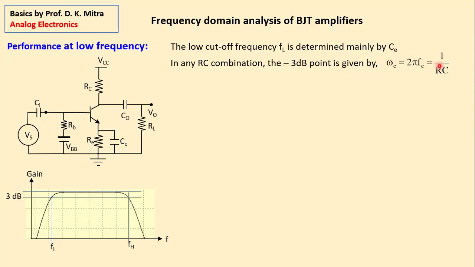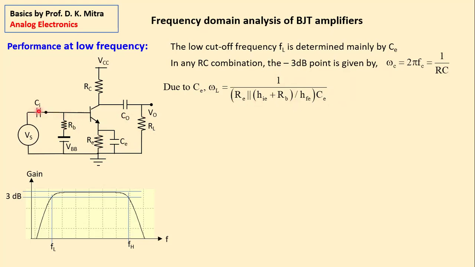So here, the lower cutoff is due to CE, the emitter bypass capacitor. So due to C, what will be omega L? Omega L is 1 by RC. 1 by C is here. And what is the resistance here? Resistance RE. And also another resistance is in parallel.